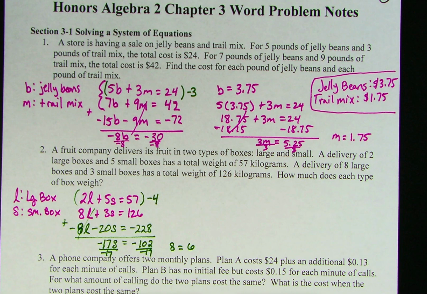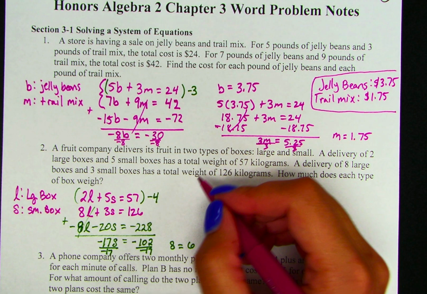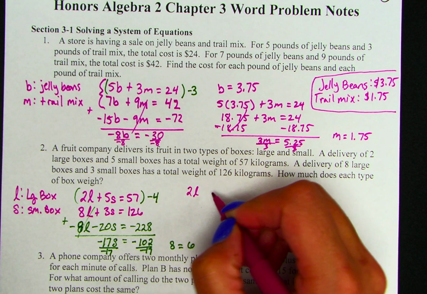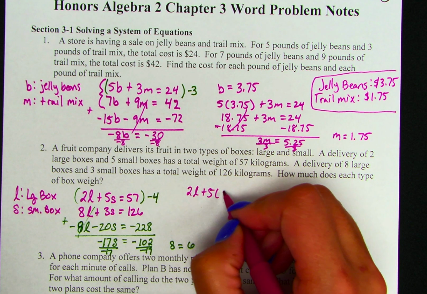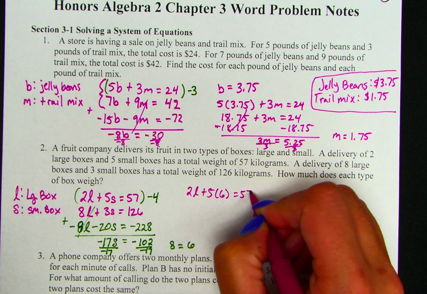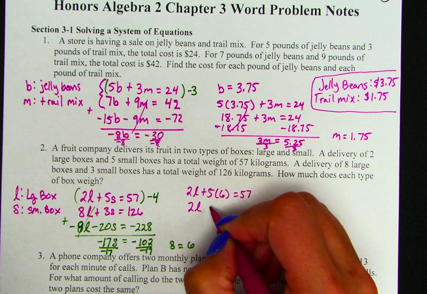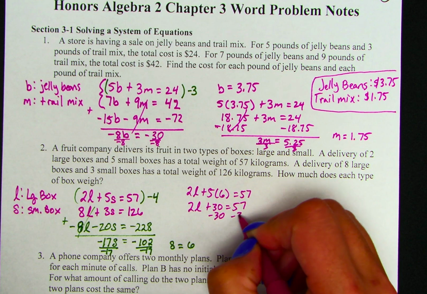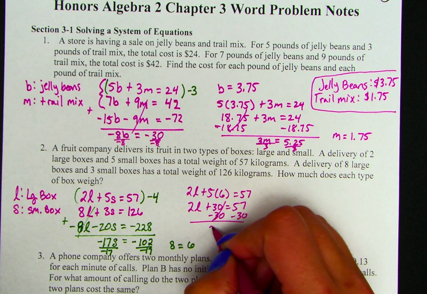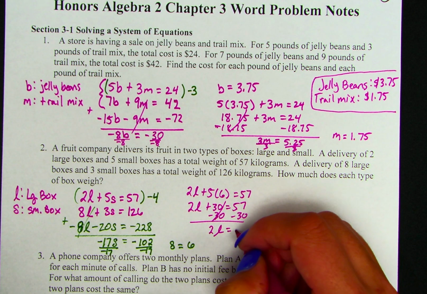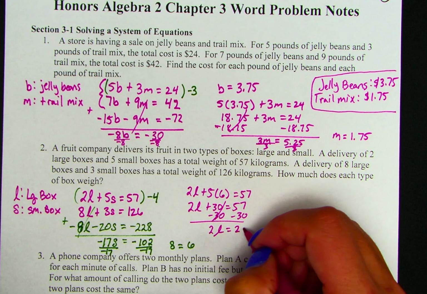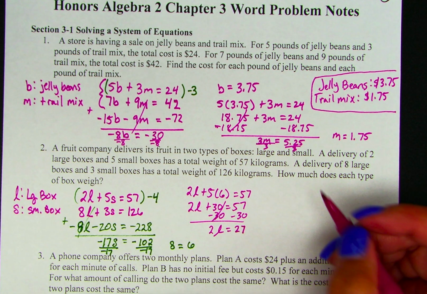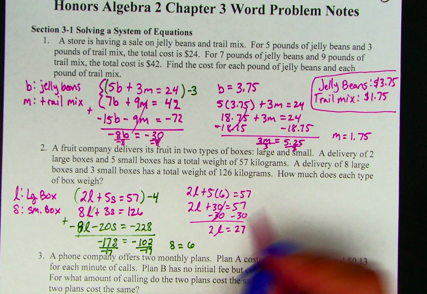Okay. And now I'm just picking one of these equations to substitute into. So let's see, I'm just going to use the top one. So this will give me 2L plus 5 times 6 equals 57. So 2L plus 30 equals 57. Subtract the 30. So 2L will equal 27. And then we have to divide by 2.